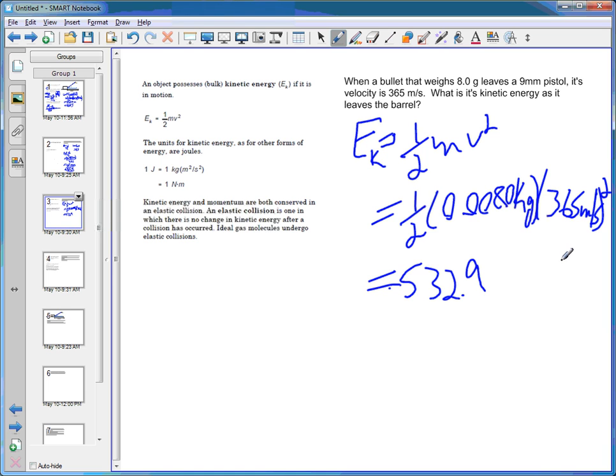Now we have two significant figures and three significant figures, so we can only have an answer to two significant figures, which means it's the 3, so it equals 530 joules rounded to the 3.